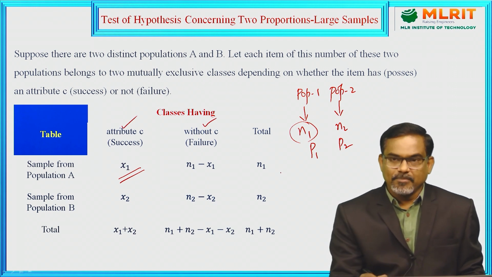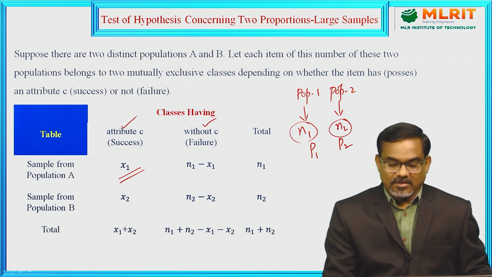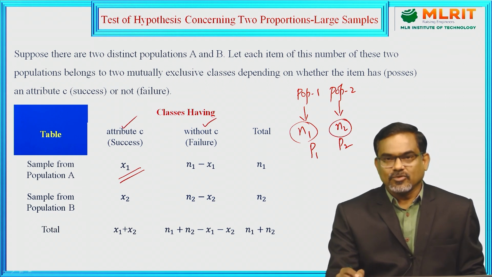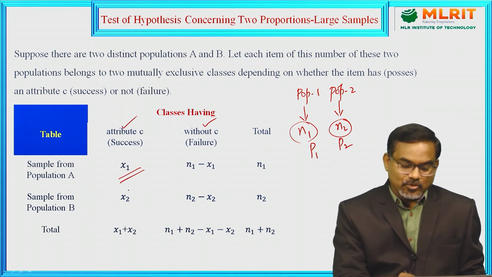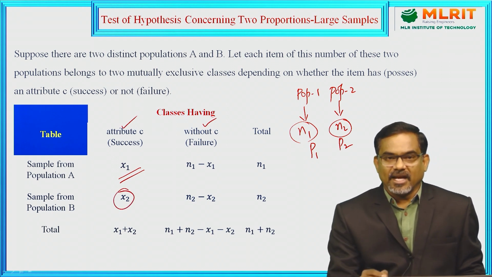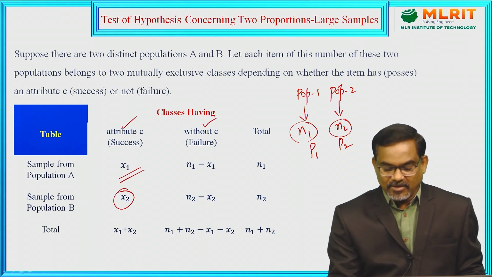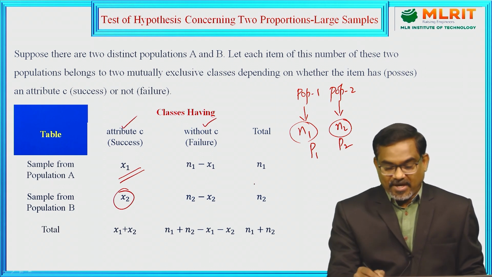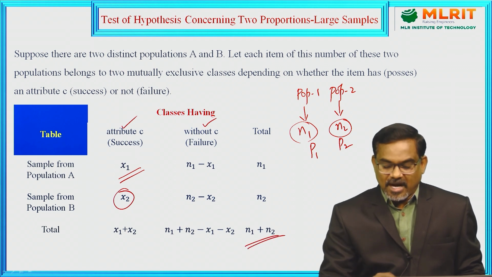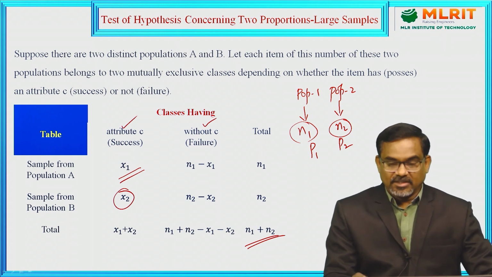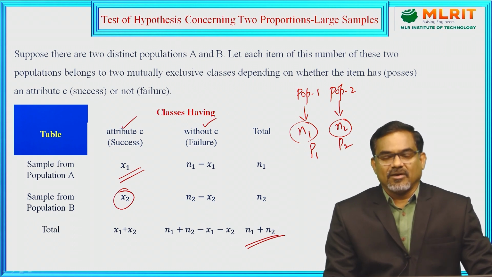Similarly, from population B, let us draw a sample of size n2, and x2 is the number of successes, then n2 minus x2 is the number of failures, and the final column shows the totals, and the grand total is n1 plus n2. We consider these values in testing of hypothesis concerning two proportions.